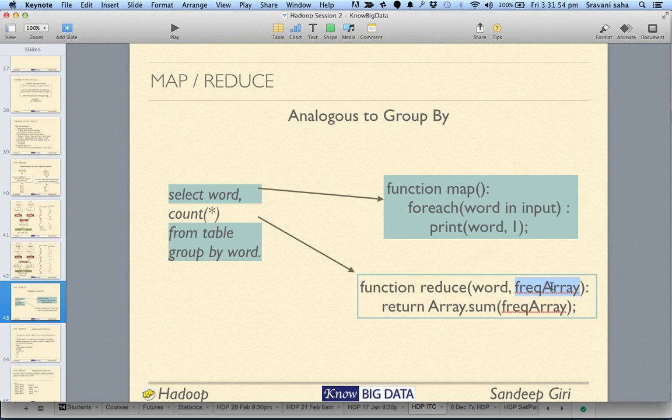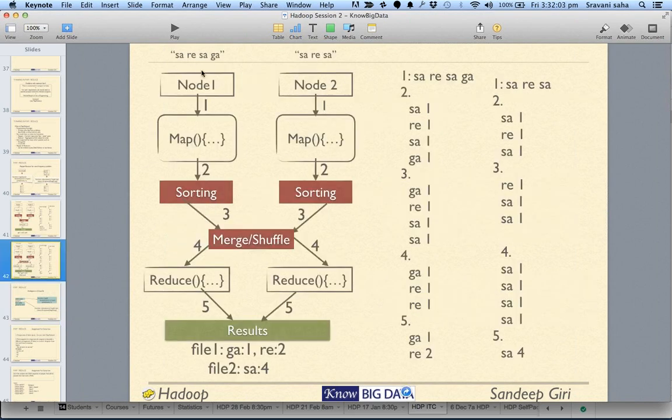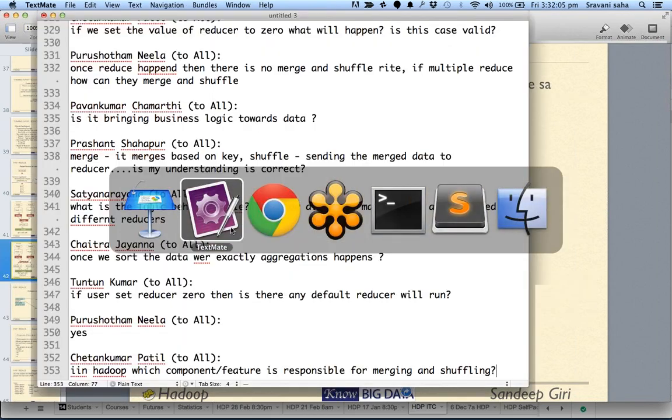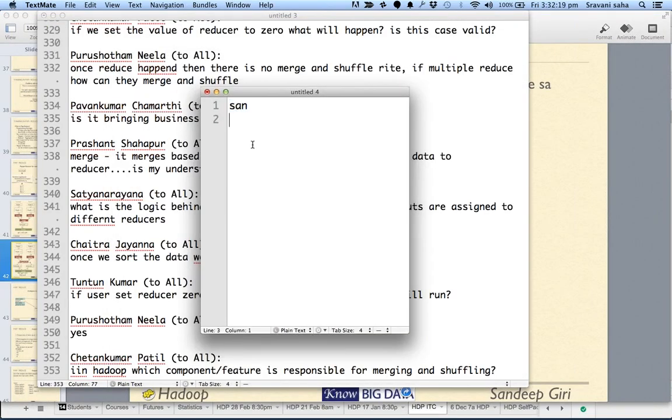Imagine there is a single key and you have configured 10 reducers in this example. There was a file containing only one word, repeated 20 times. You wrote a mapper and reducer the way it is right now, and you said reducers equals 20. That does not mean the work will be spread across 20 places.